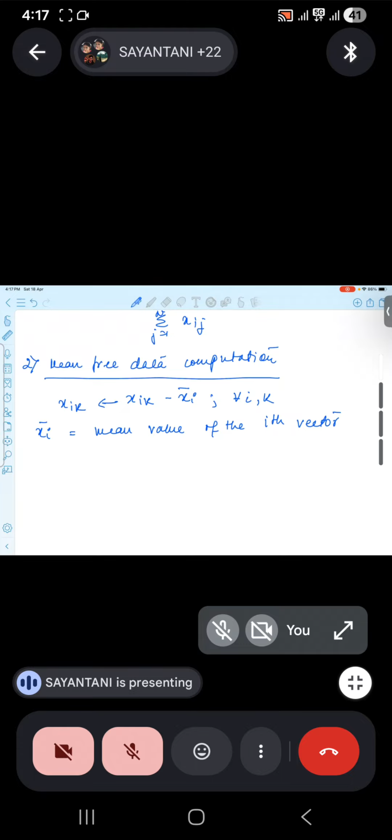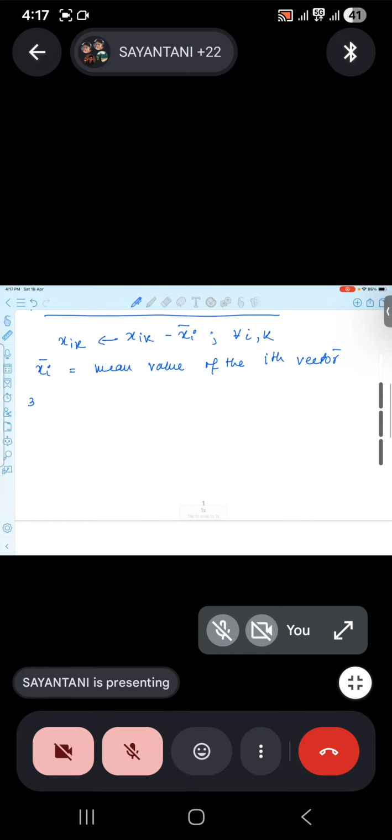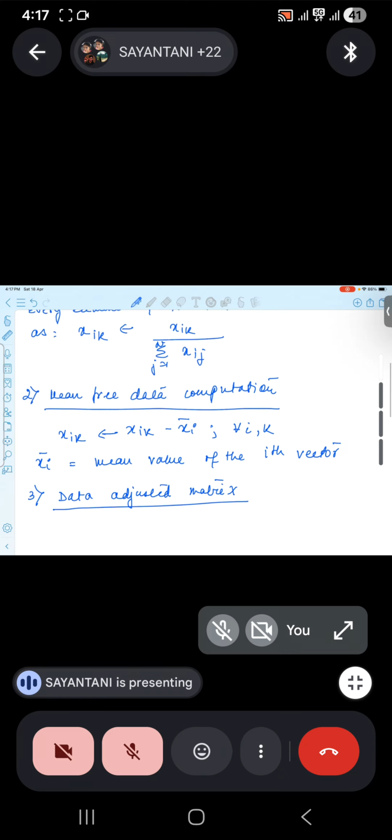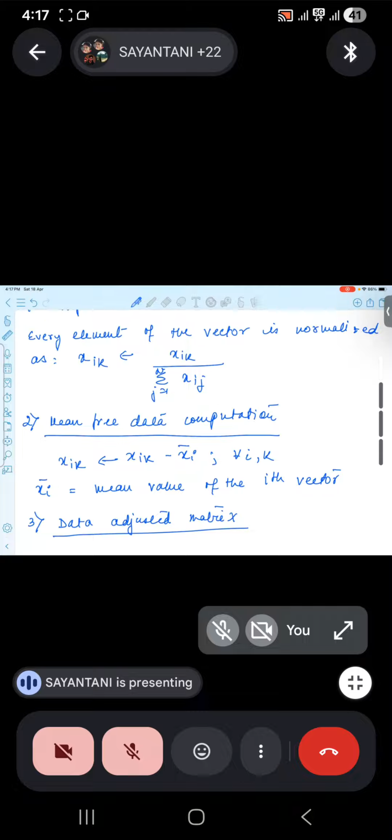Now let us move on to the third step. Data adjusted matrix. So that means in the first step, we were normalizing each element, and in the second step, we were making it mean free, which is subtracting the mean from it. So whatever equations I've showed you right now is for a single vector, 1 cross n.